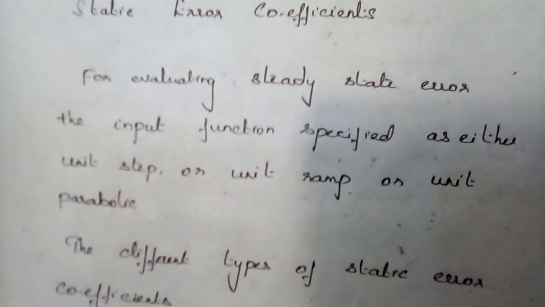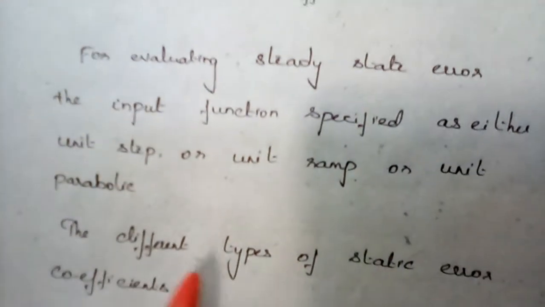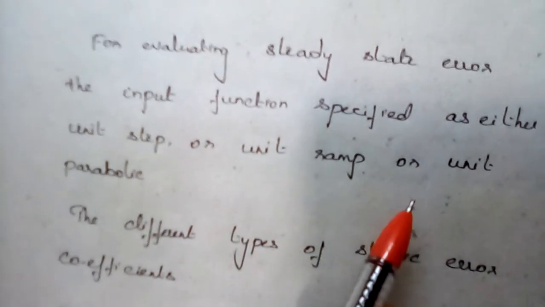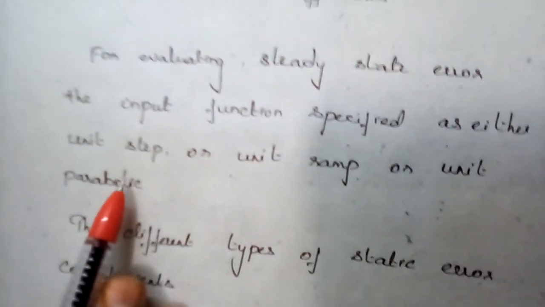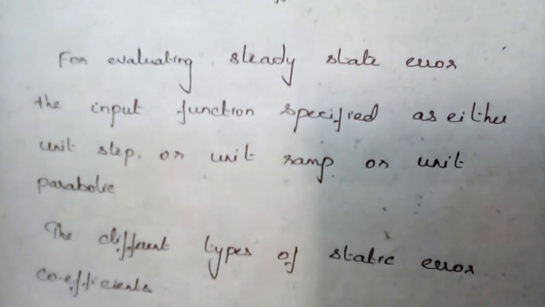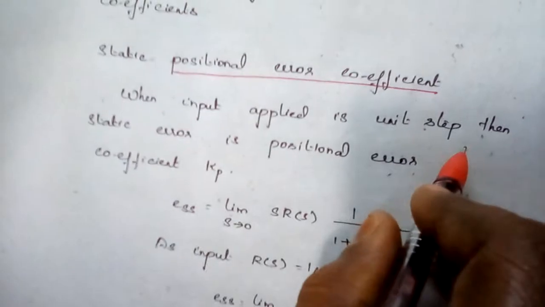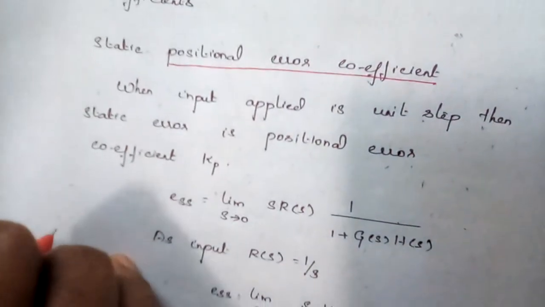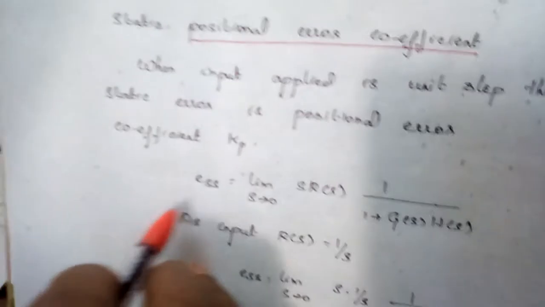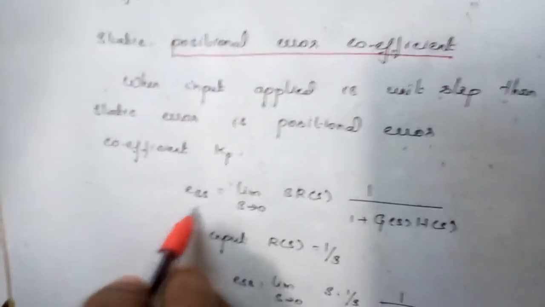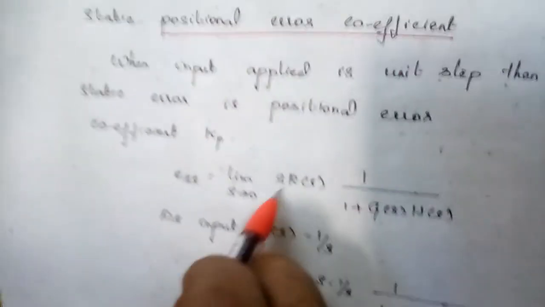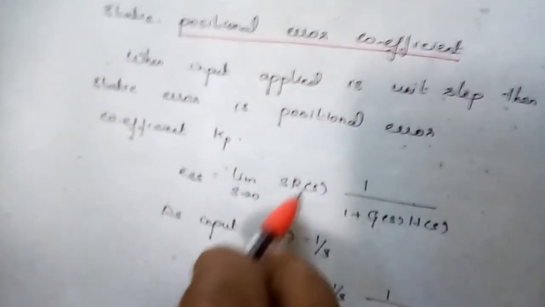For evaluating the static error coefficients of position, velocity and acceleration, we have specified inputs such as step, ramp and parabolic. For the static positional error coefficient, when the input is a step input, the error is given by the steady state error equation, and we need to substitute the input R of s.